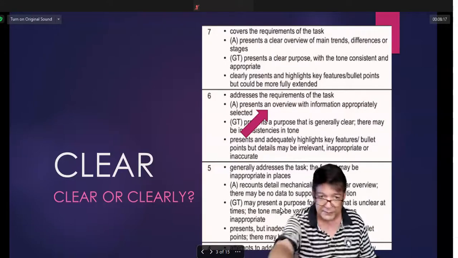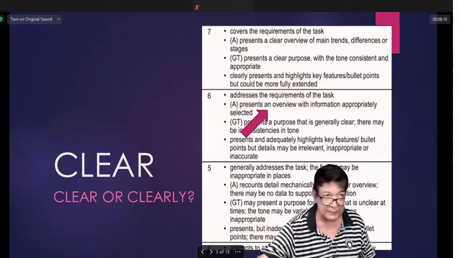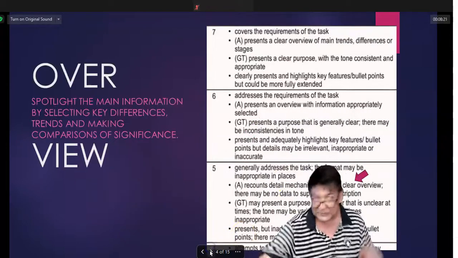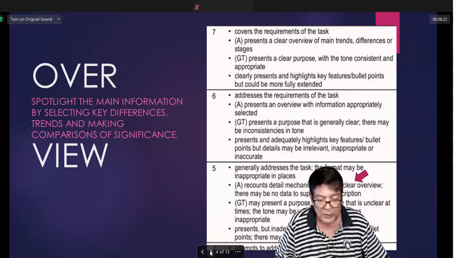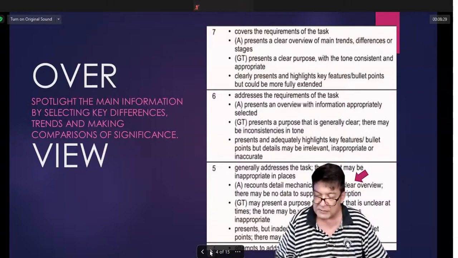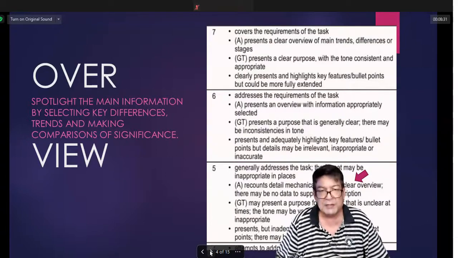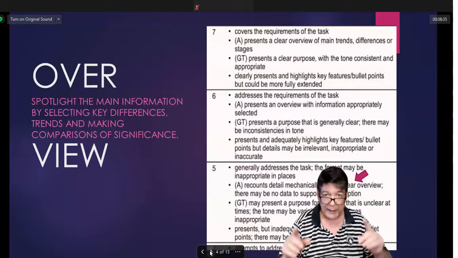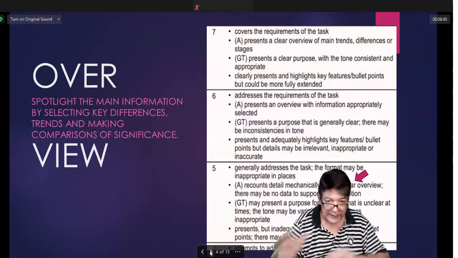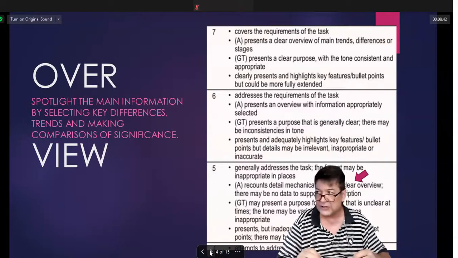But what about overview? What does it mean? Well, it's one word. I've got it here in my slide as 2, just to be cute. But, all right, an overview is the part of the writing task where you spotlight the main information by selecting key differences, trends, and making comparisons of significance.